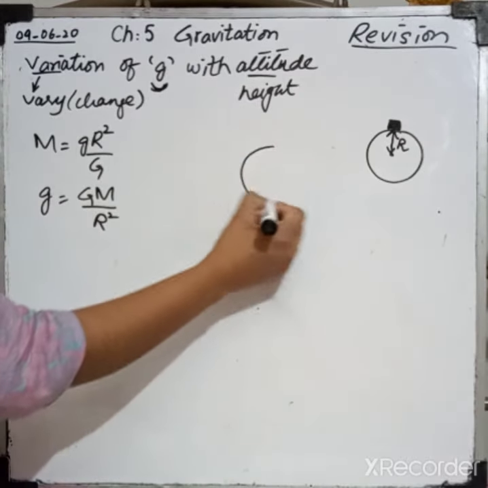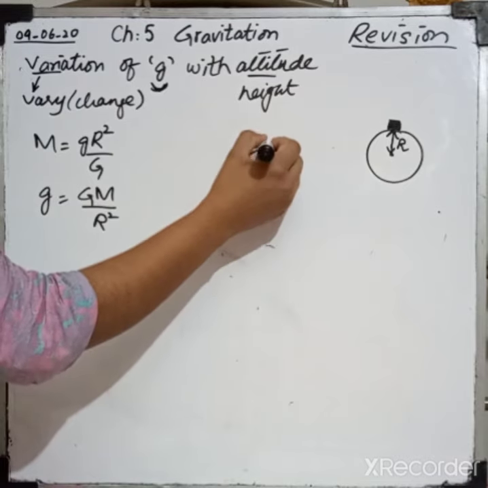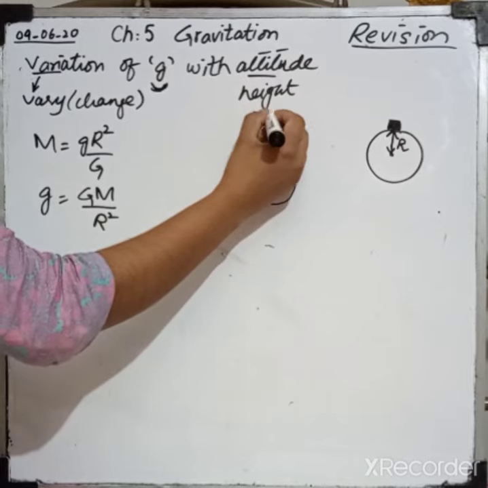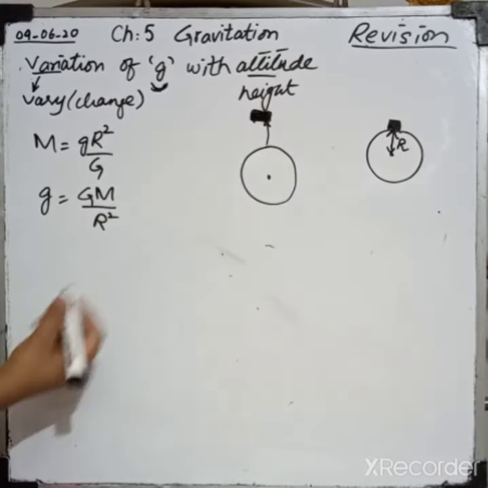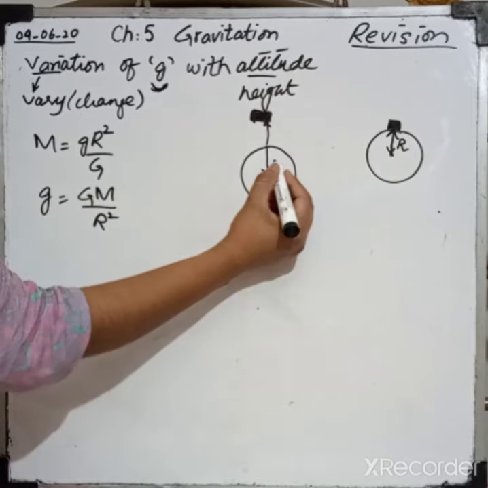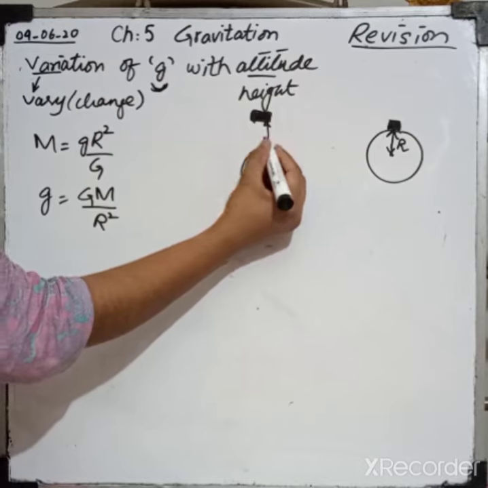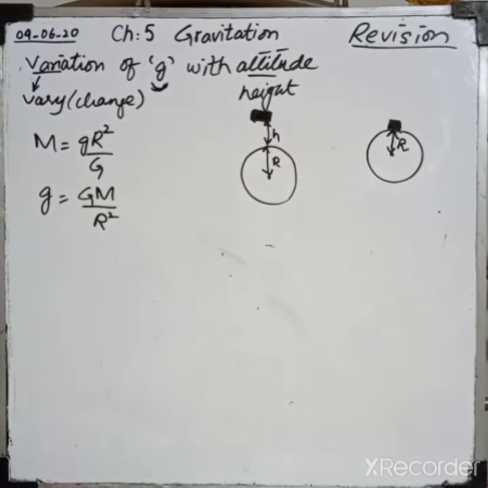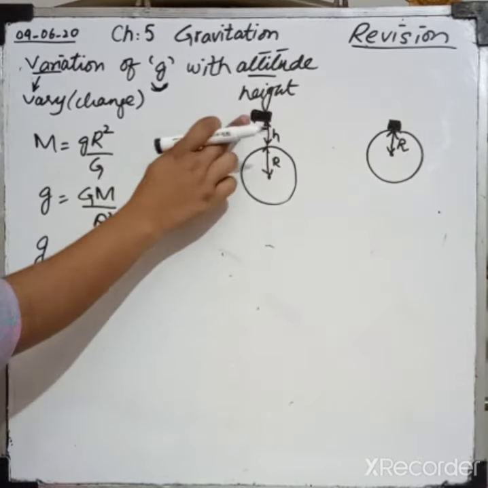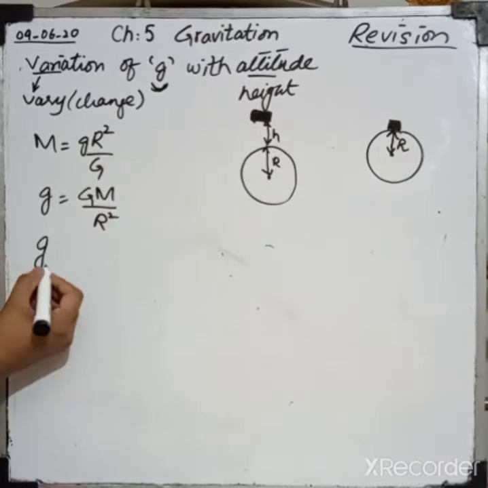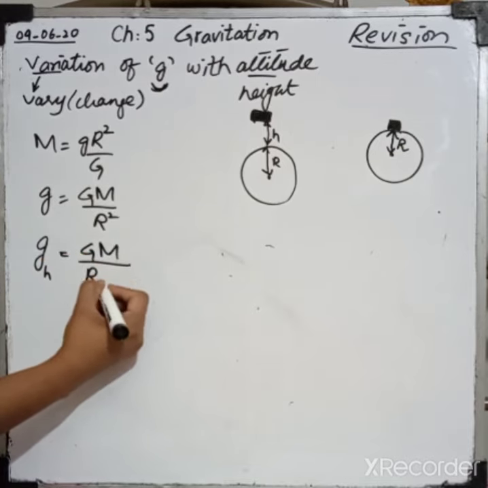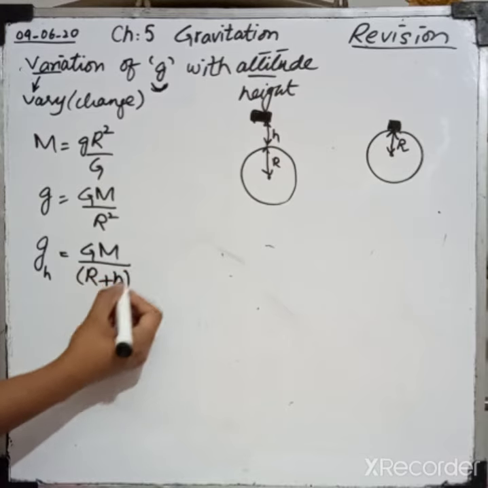Now suppose we have taken this object at some height above the surface of earth. Now the distance between the centers of these two bodies, the earth and this mass, is increased. This is the radius of earth and this is the height above the surface of earth. So we can write the formula for this body which is present at a certain height as GM divided by r plus h whole square.